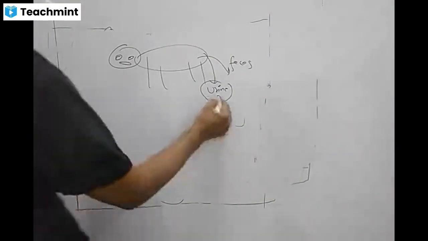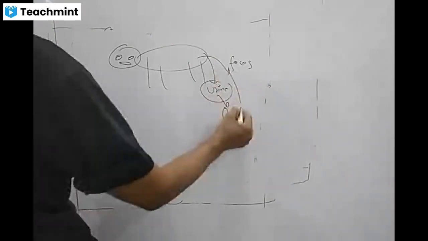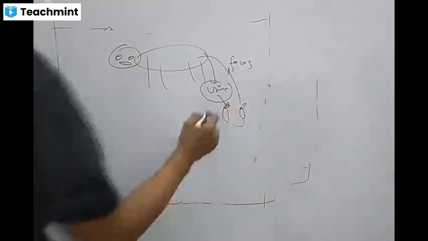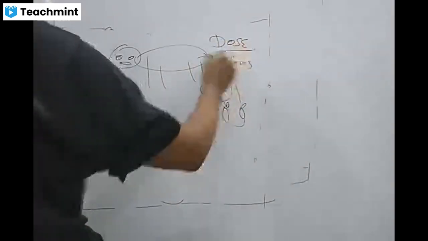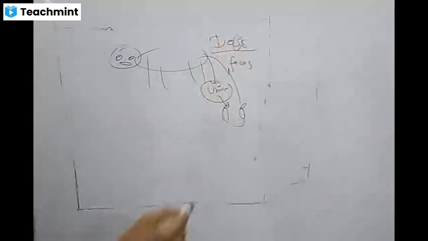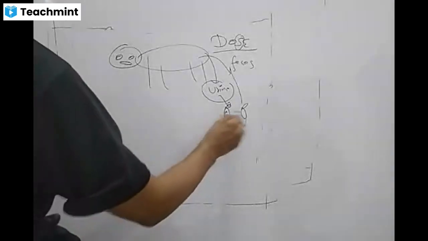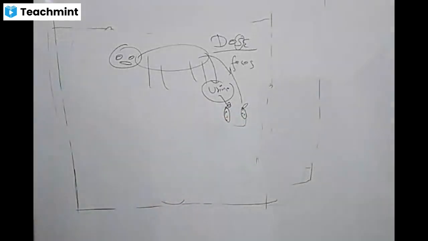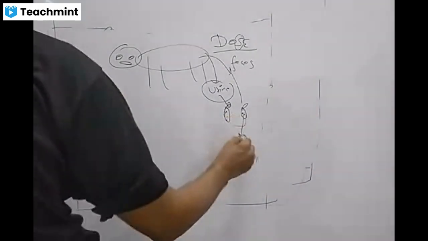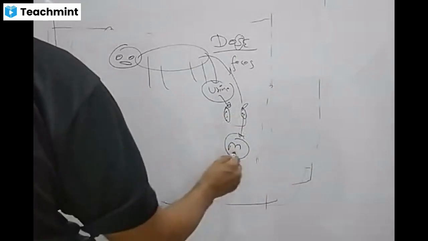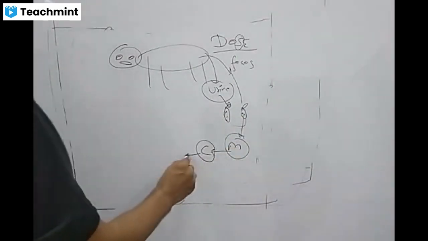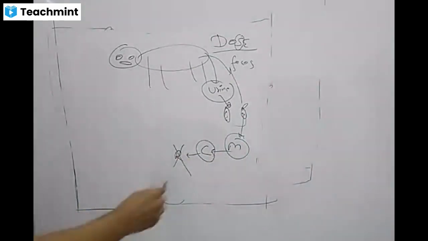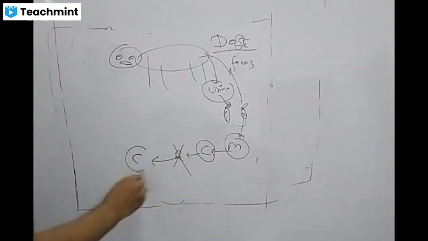So the eggs come out through the urine or the feces, and these eggs are embryonated. These are embryonated eggs. Hatching occurs, and miracidium comes out, converts into sporocyst, then redia is absent, and it converts into cercaria.